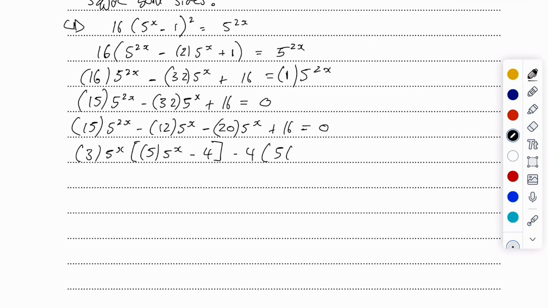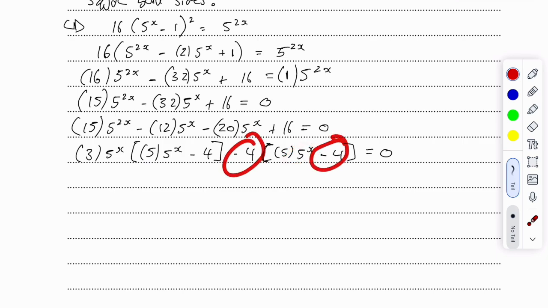Then we've got minus 4 times 5 to the x, minus 4 is equal to 0. It's the same thing: negative 4 times 5 is negative 20, with the 5 to the x here, and negative 4 times negative 4 is plus 16. Brilliant. So we factorize this now. We've got 5 to the x minus 4 on both sides.